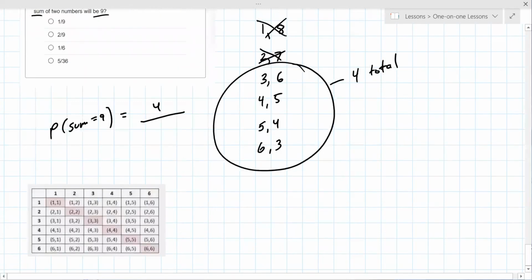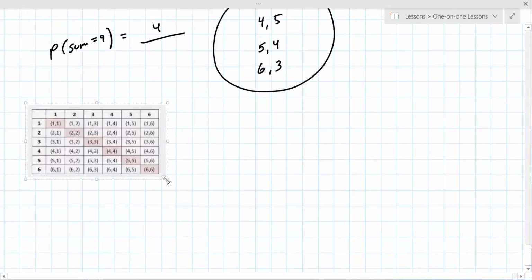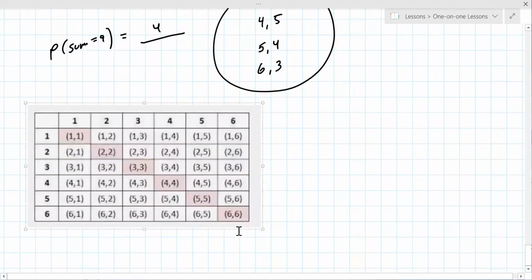All right, so here you go. How many outcomes are here? There are 6 outcomes. Oh, sorry. There's 36 outcomes. Yes, very good.